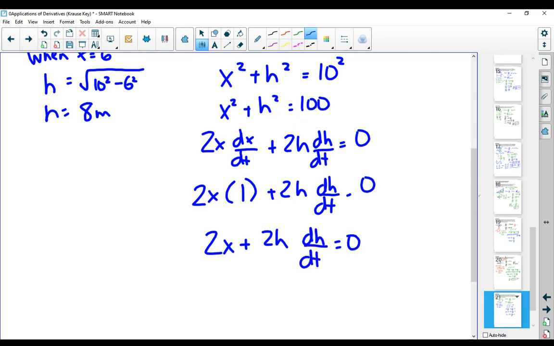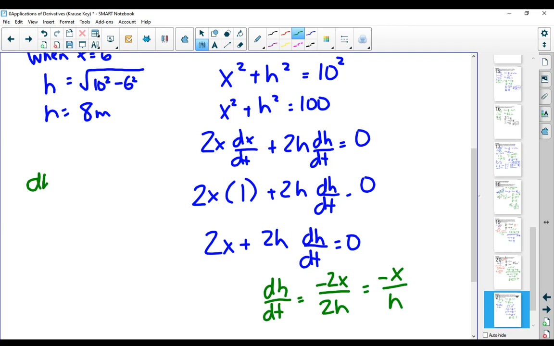If you were asked for just the rate of change and not given a specific amount, then this is what you would do instead of subbing everything in. So if I wanted to get dh/dt by itself, I would first subtract 2x, so I'd have negative 2x. Then I divide by 2h, which would reduce to negative x over h.